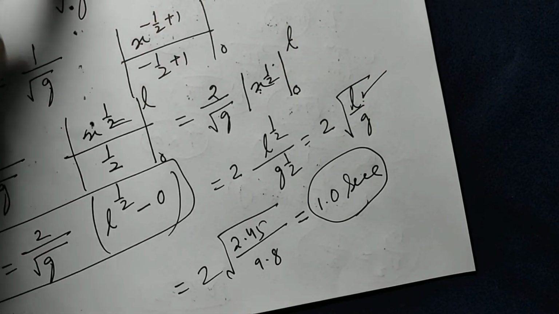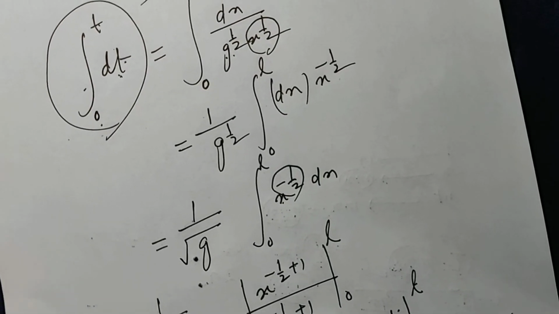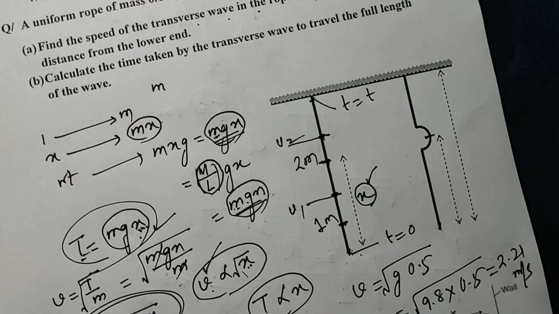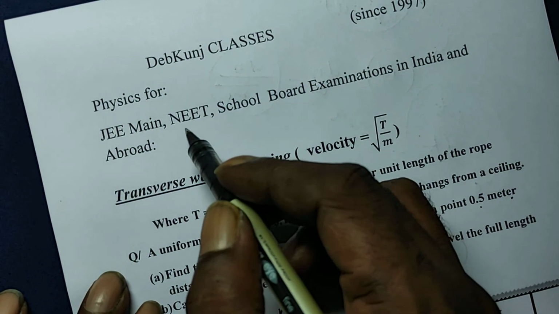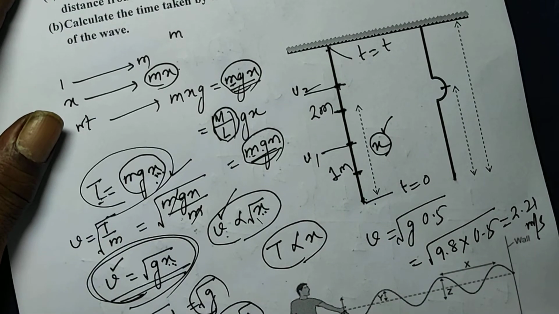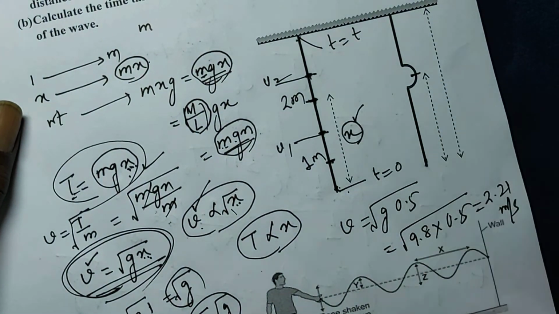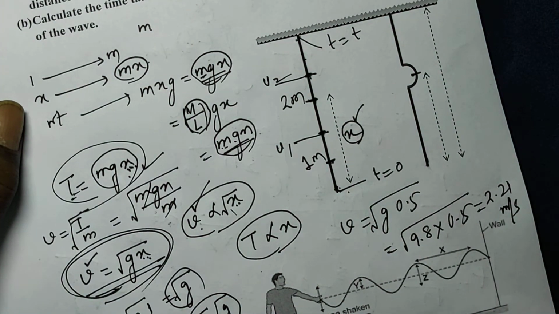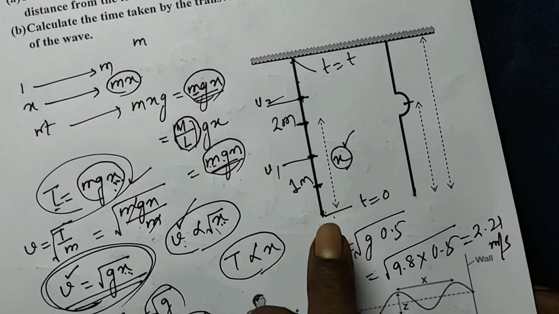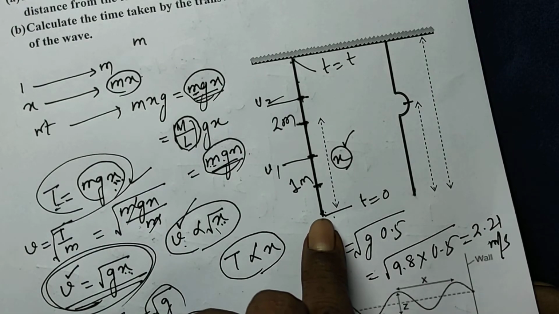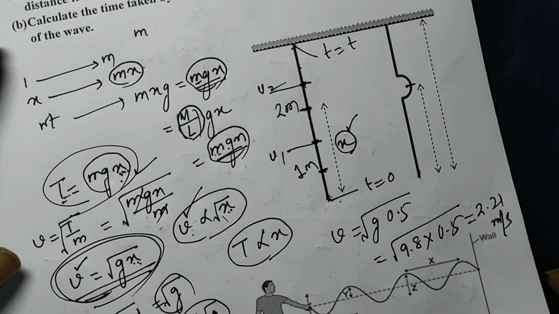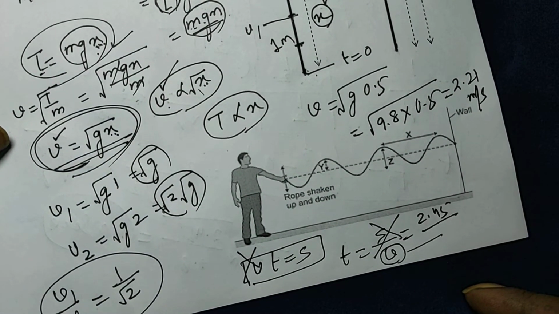Now this part you can expect as the second part of the question in JEE Main and Advanced, and at most, if you are an aspirant for the NEET examination, they might ask you what is the ratio of the tension here and here, or the ratio of the velocity here and here. But the time taken by the transverse wave to travel from this end to this end is expected in JEE Main or Advanced, but not in NEET.